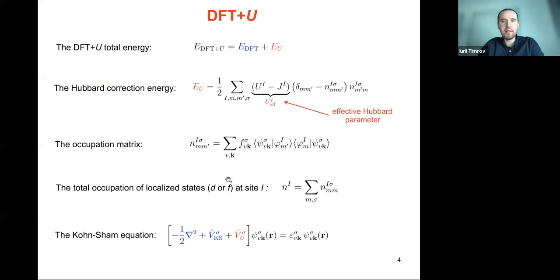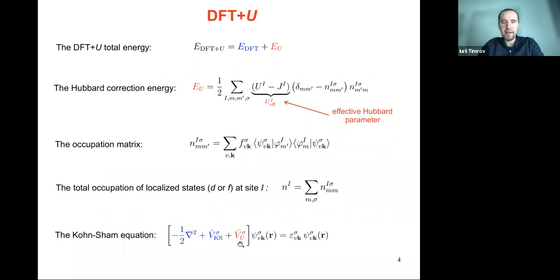Finally, by knowing this expression for the energy, we can obtain the modified Kohn-Sham equation. It's written below by taking the functional derivative of the energy with respect to the wave function. So we obtain this modified Kohn-Sham equation where the blue term is the standard DFT contributions, the kinetic energy plus the Kohn-Sham potential.